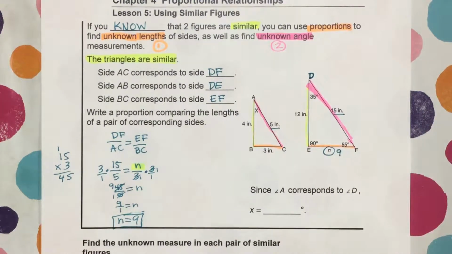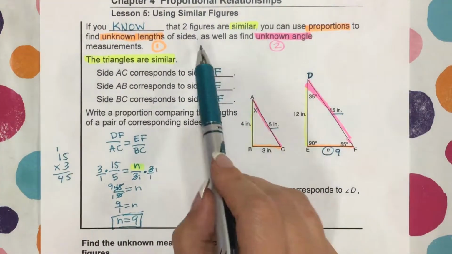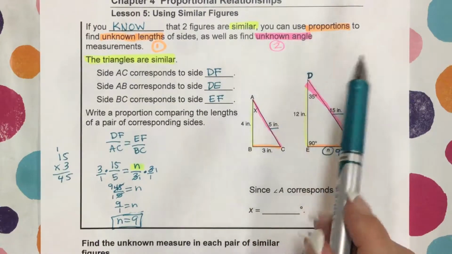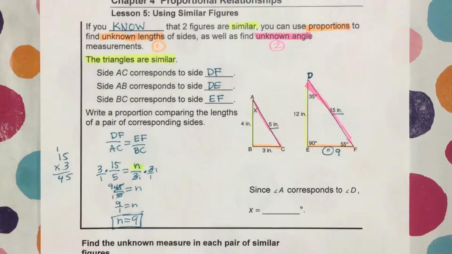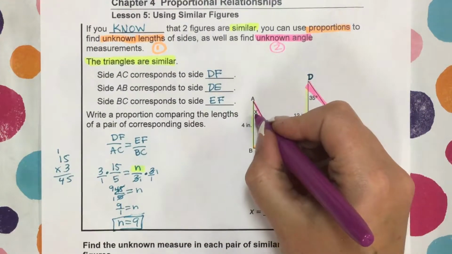All right, cool. The other thing it talked about, so we're going to be using this a lot. The other thing it says is we can use similar triangles to figure out the unknown angles as well. So if we look, the unknown angle would be right here. It's x, right there.